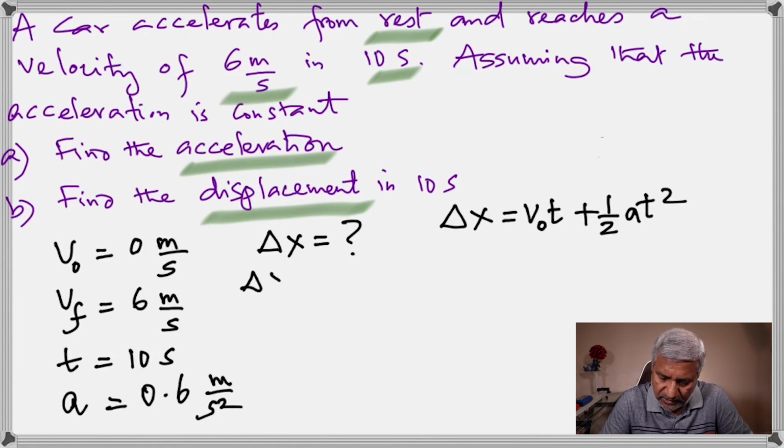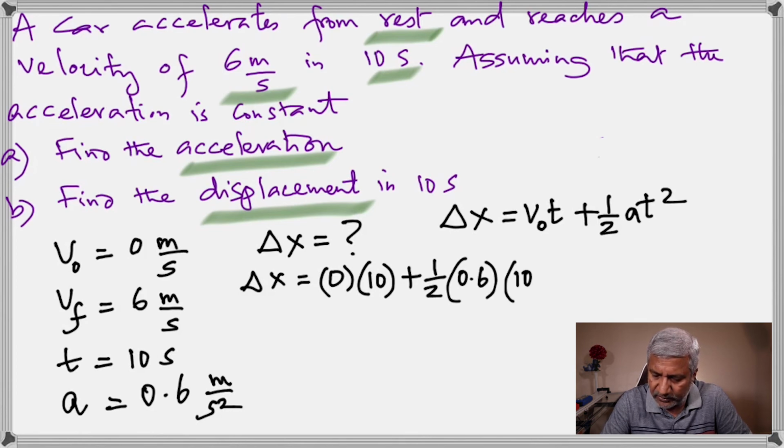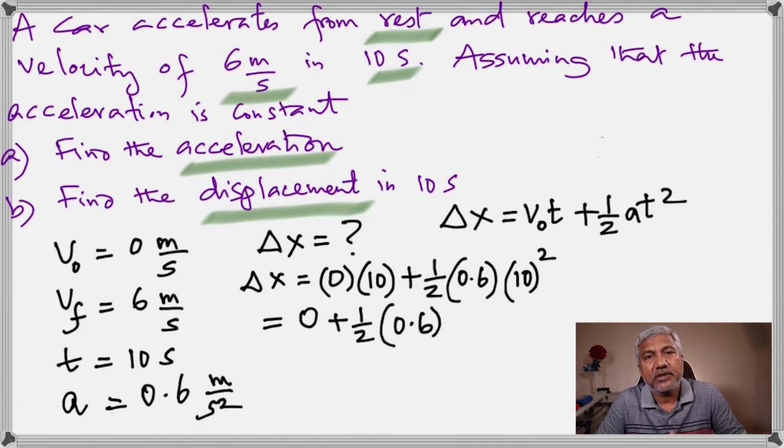We're looking for delta x. v naught is 0. Time is 10, plus 1/2 times 0.6 times 10 squared. And 0 times 10, 0 multiplied by anything is 0, plus half times 0.6 times 10 squared.